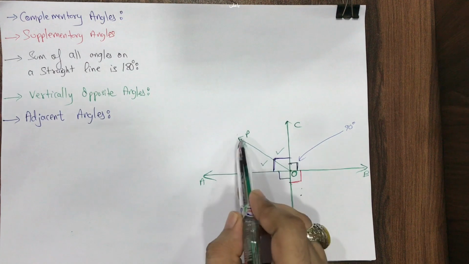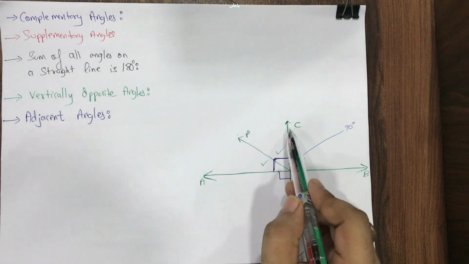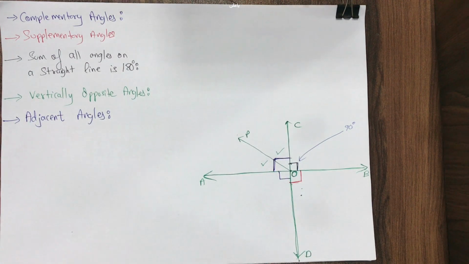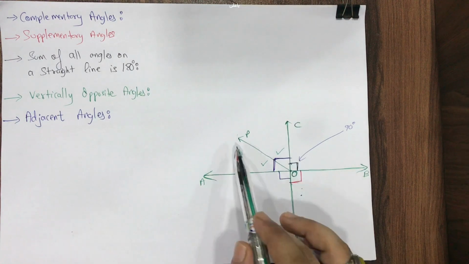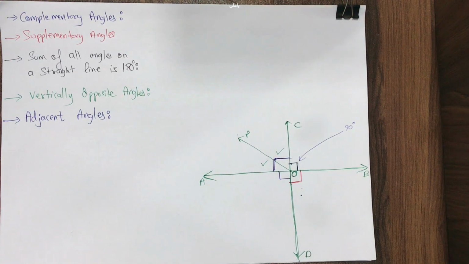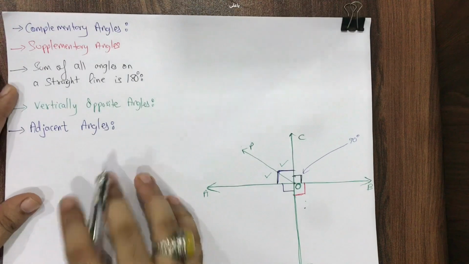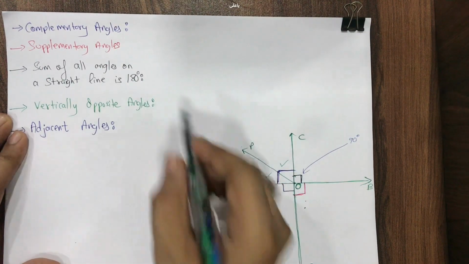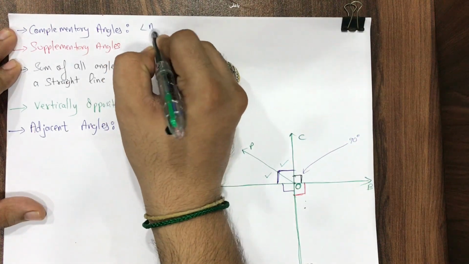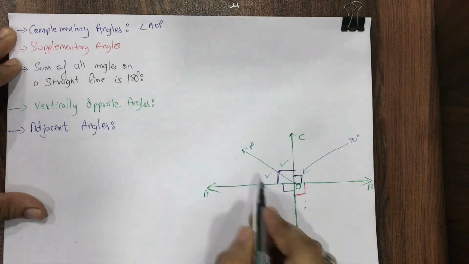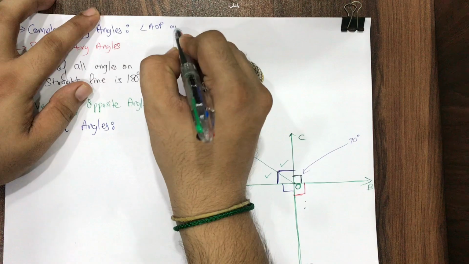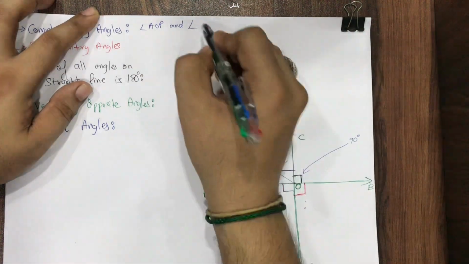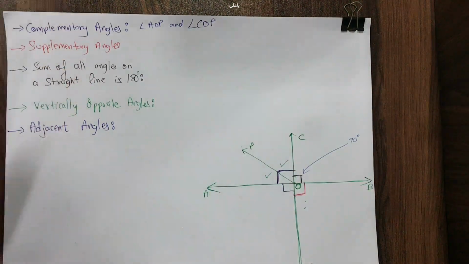So AOP and POC are complementary angles. Of course, you can write the name like this also. COP also you can write, or POA also you can write. So which are complementary angles? Let me write over here. Complementary angles are angle AOP and angle COP. These are complementary angles.